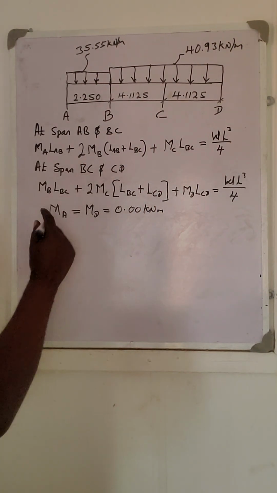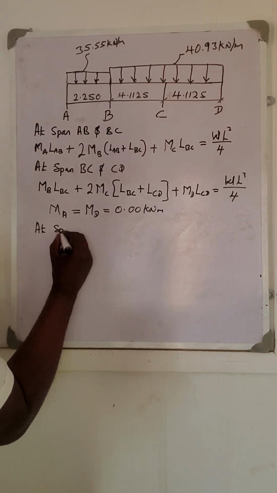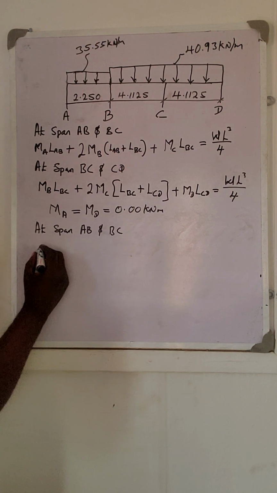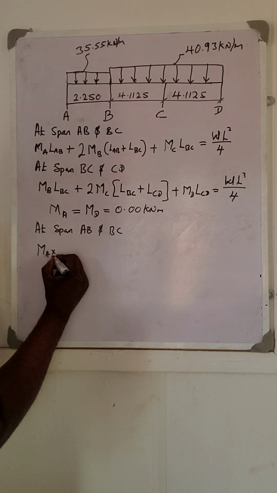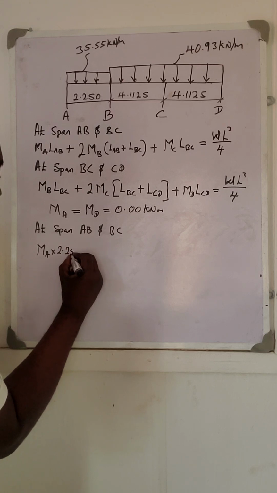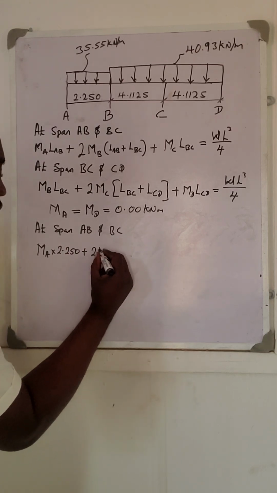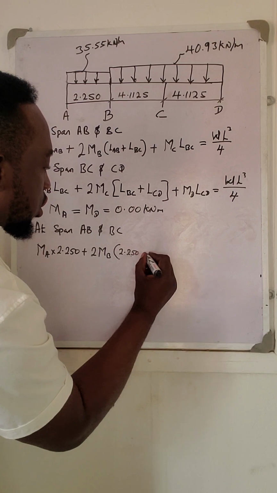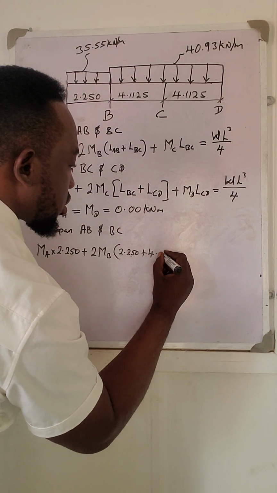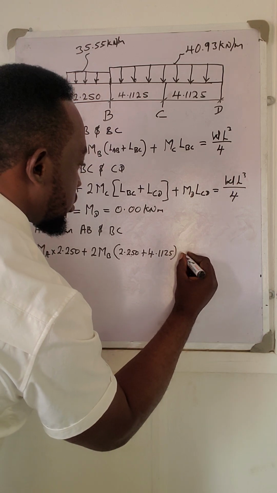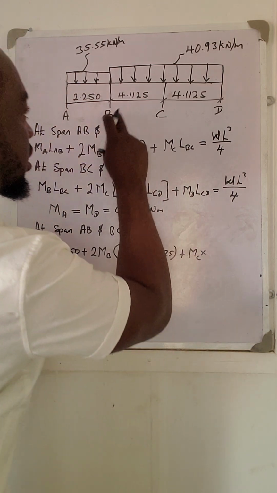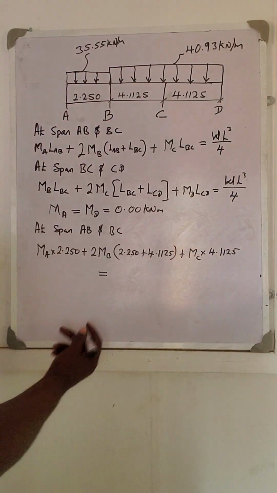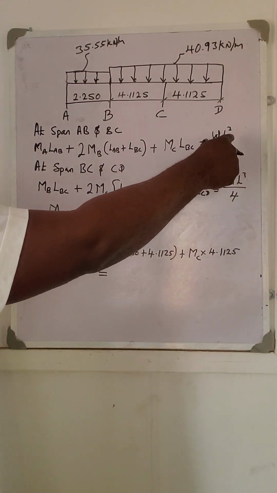Now we move to spans AB and BC. We have MA multiplied by the span, which is 2.250, plus 2MB into LAB, which is 2.250, plus LBC, which equals 4.1125, plus MC multiplied by BC, which is 4.1125, equal to WL cube over 4.